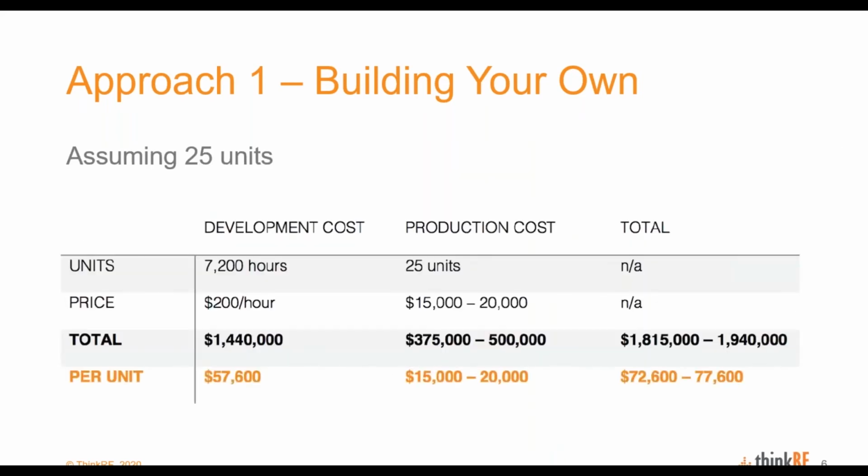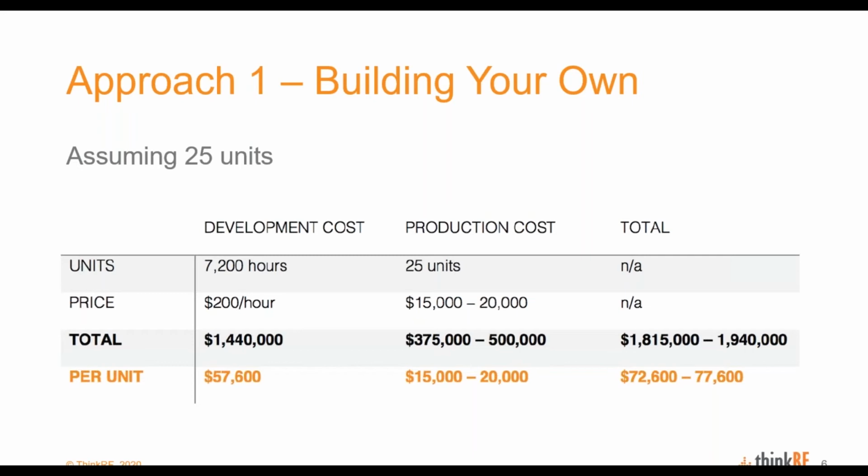Again, building on the assumption that you've essentially got 25 units that you need to put into your system, we've made some assumptions around how much time it's going to take to develop. We're saying there's roughly 9 months of development time for 5 people, essentially, which is where the costs come in.